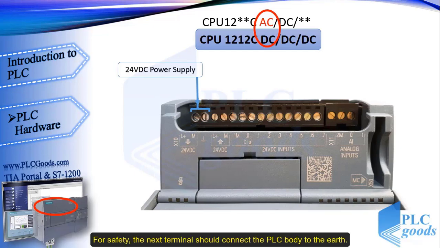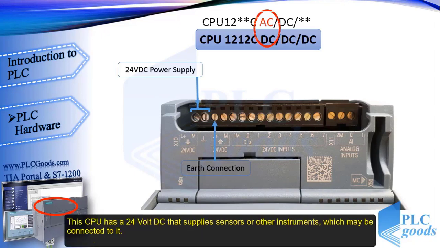For safety, the next terminal should connect the PLC body to the earth. This CPU has a 24 VDC that supplies sensors or other instruments which may be connected to it.